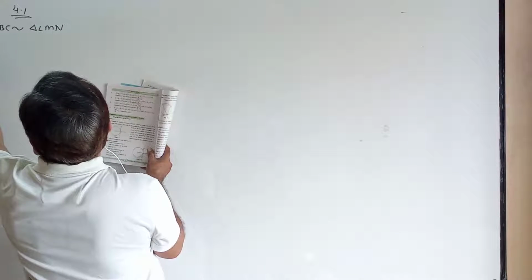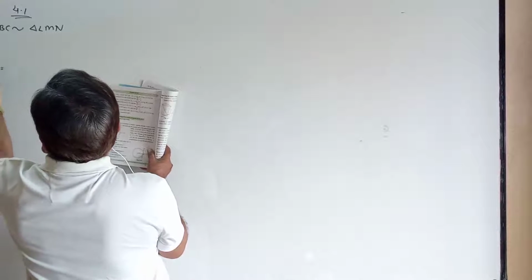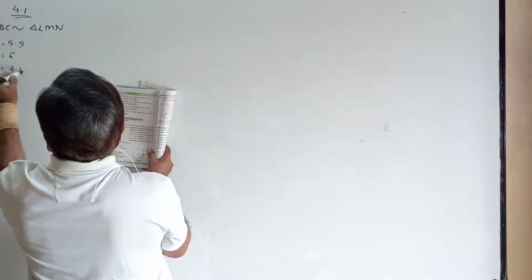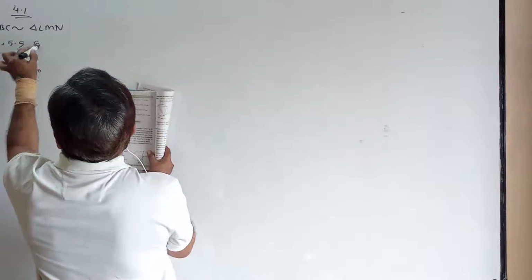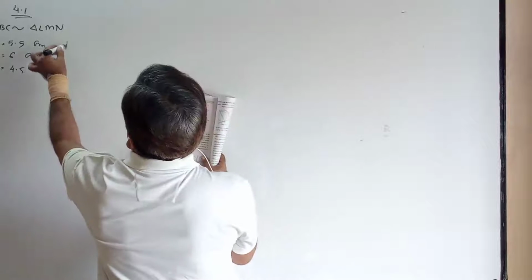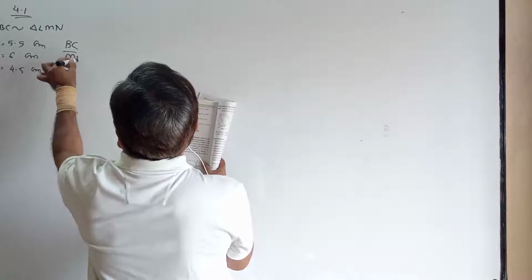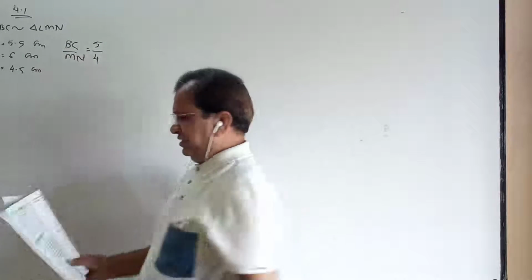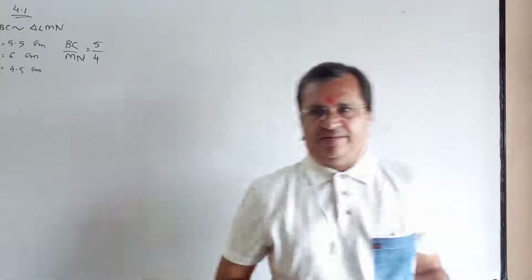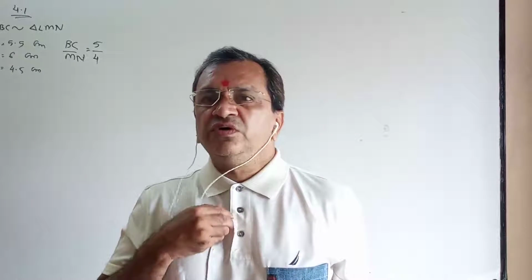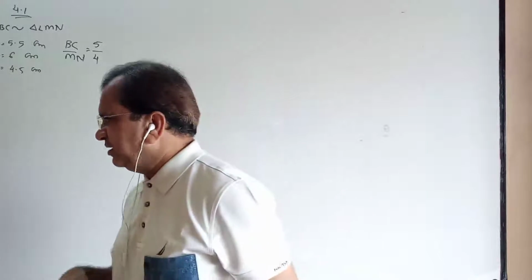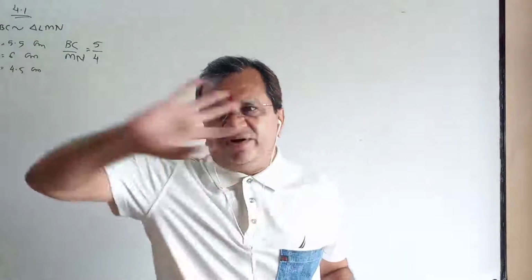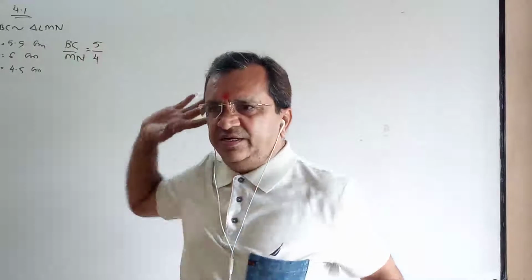AB, BC, CA are given: 5.5, 6, 4.5, and it is given that BC by MN is equal to 5 by 4. You will use this method when no alphabets are equal. ABC has 3 different alphabets, LMN has 3 different alphabets.